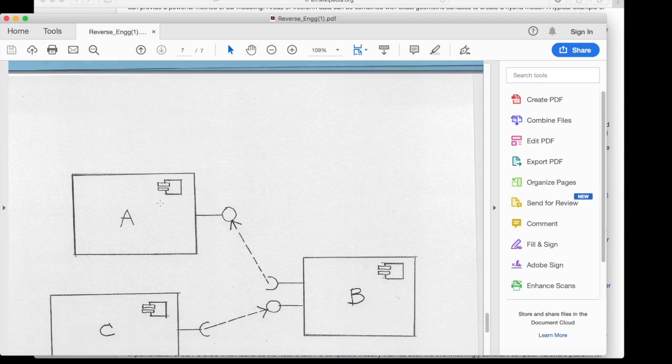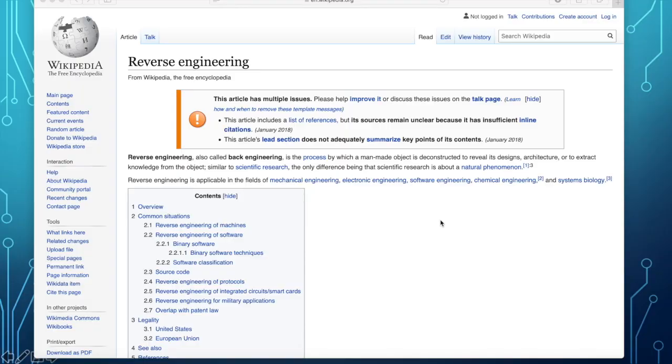Now, let's continue the discussion on reverse engineering by going back to the article. Reverse engineering is a process wherein we deconstruct an object to reveal its designs, architecture, or extract knowledge from the object.